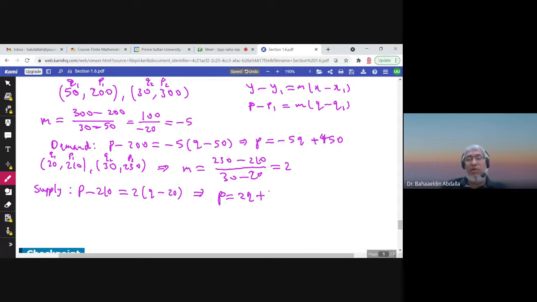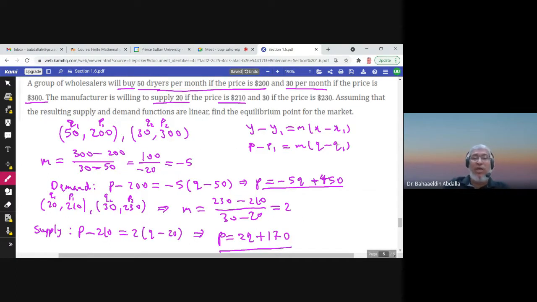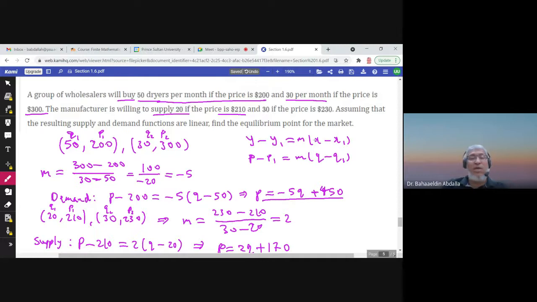So it would be plus 170. And let me check my solution. 2 times 20 plus 170 should give you 210, and 2 times 30 plus 170 should give you 230, which is the case. So this is the supply equation, and this is the demand equation. And I believe this is what we needed.